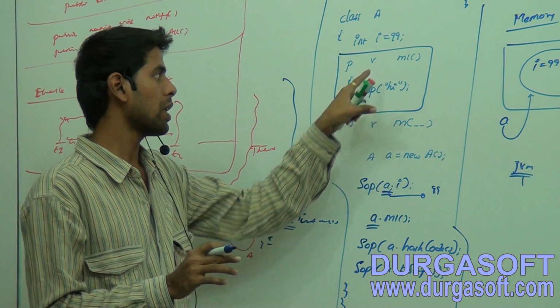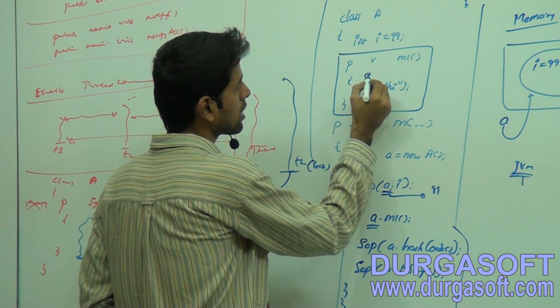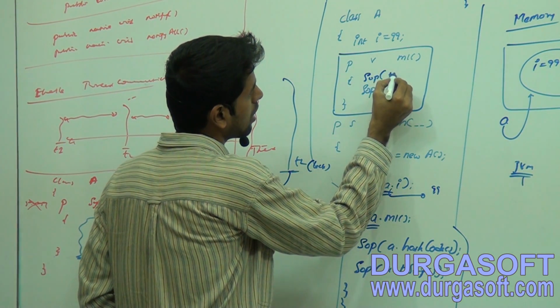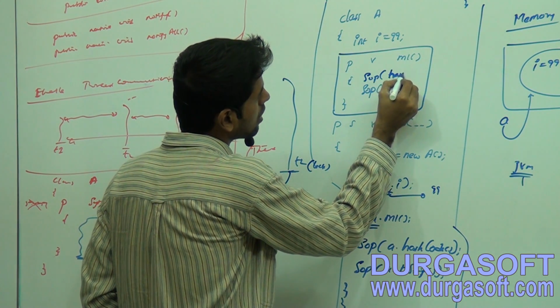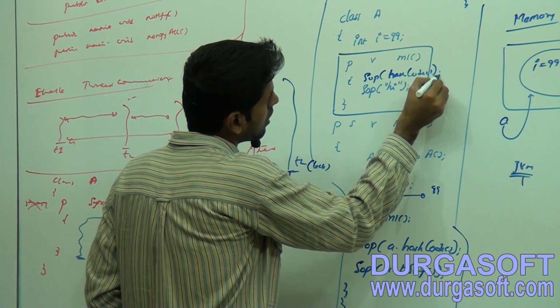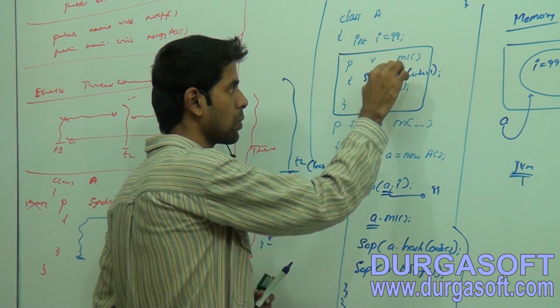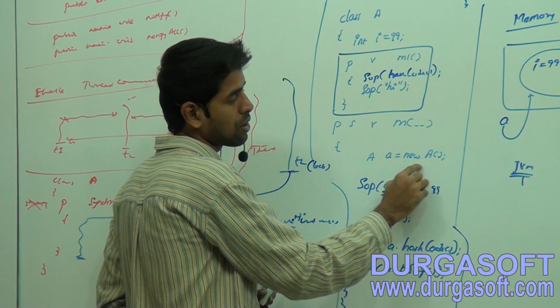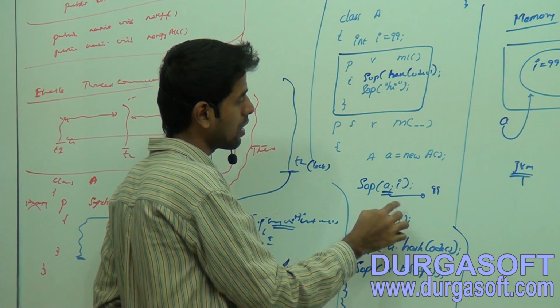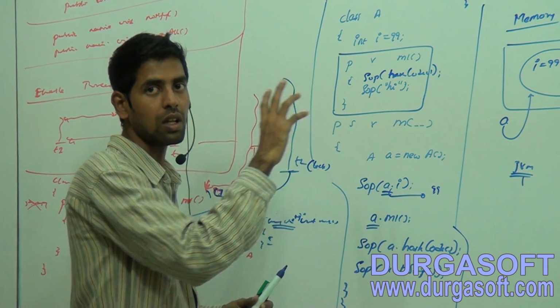No. Even to execute hashCode here, using SOP within the static area, how do you execute the m1 method? Once again, you have to create an instance and call a dot m1, then only it executes.